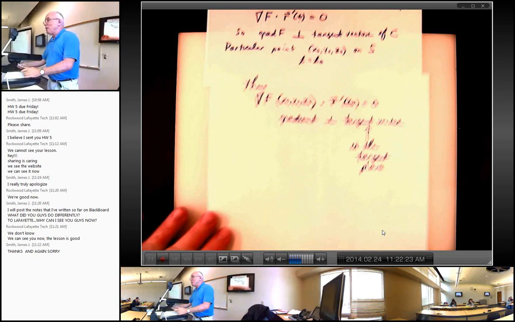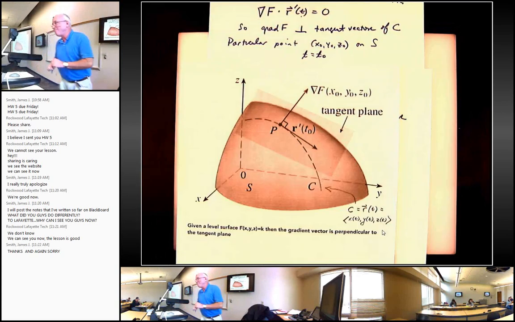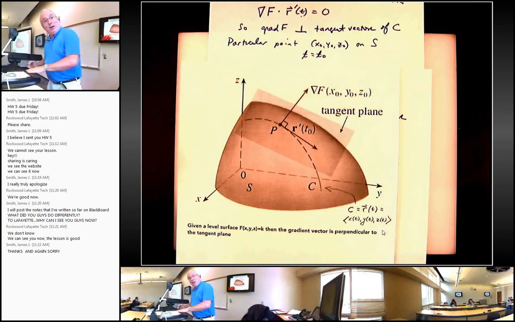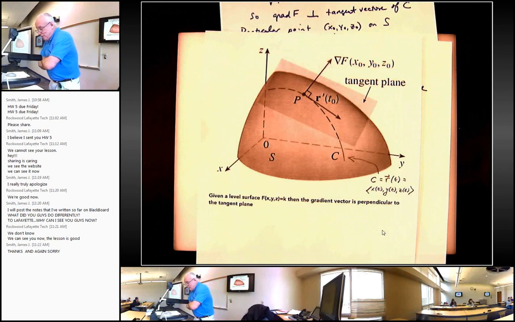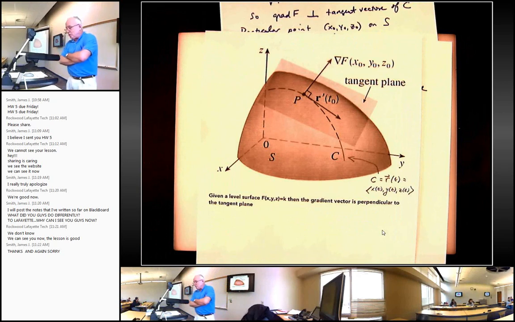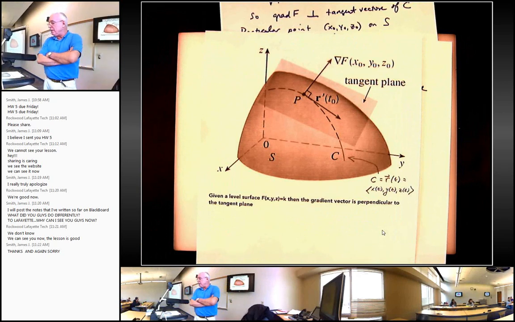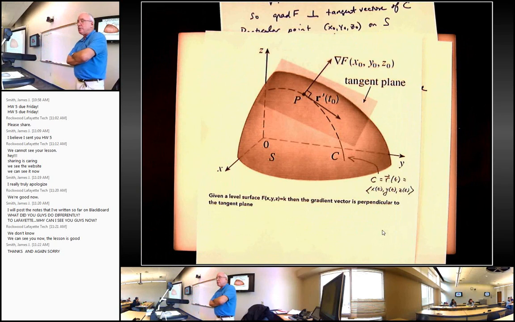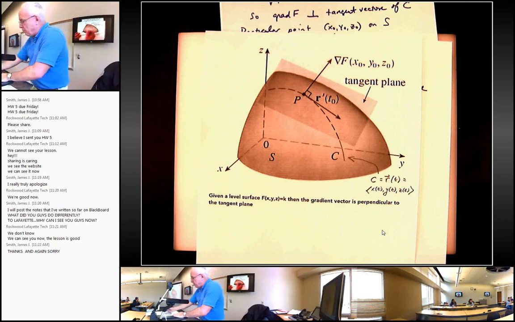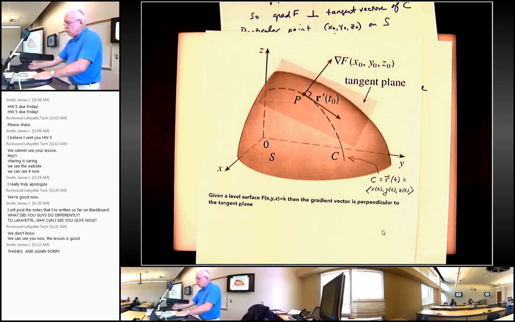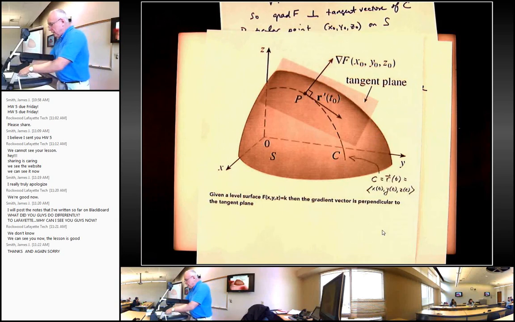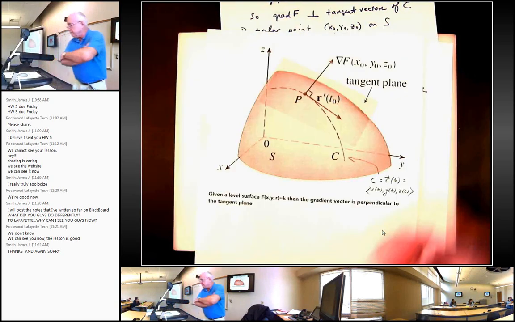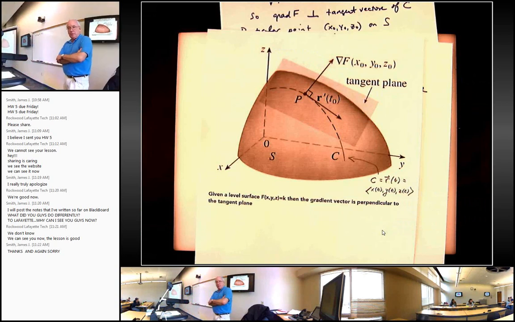All right, are we ready to proceed? Okay, so here's the drawing that I have. It's a level surface, so this is capital F equals some constant. This gray shaped area is the surface. We're looking at a specific point on the surface, and we're cutting it with this vertical plane.